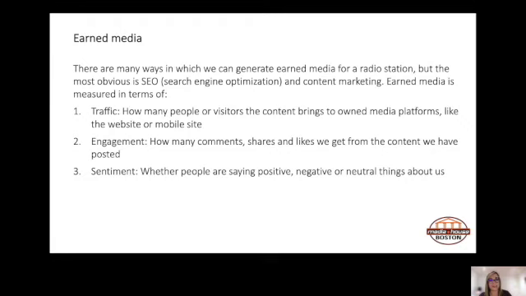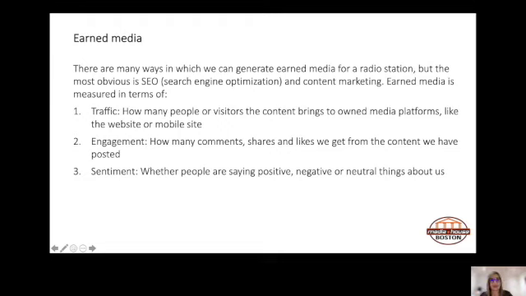And firstly, it's traffic, not referring to the traffic on the road, okay, referring to traffic on websites. So how many people or visitors the content brings to owned media platforms, like the website or the mobile site. So we can see all of those stats, okay? You can see exactly how many people looked at your website on which day.